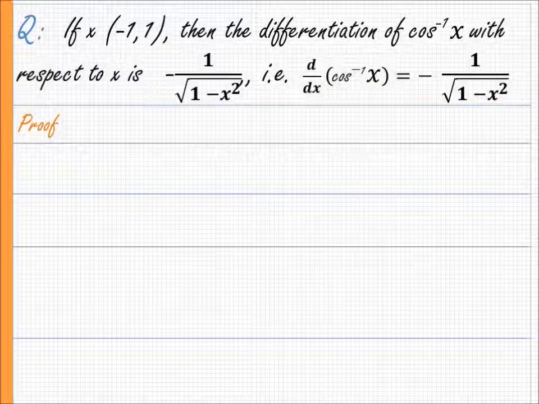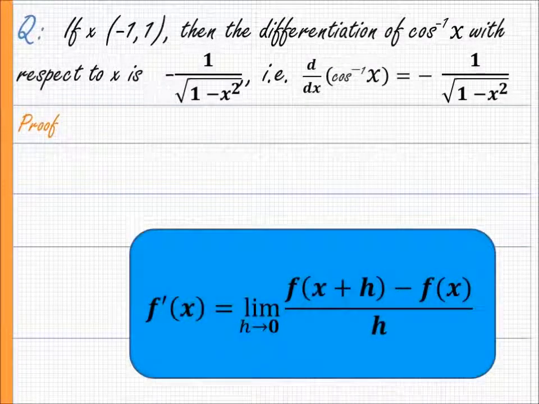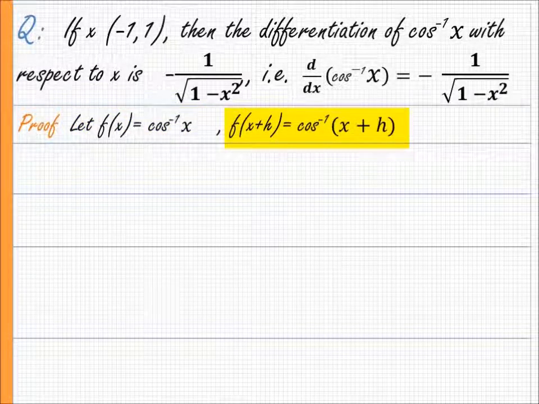Again, we know it very well that the differential coefficient of a function f of x is given by limit h approaches 0, f of x plus h minus f of x divided by h. And now in this case, f of x is equal to cos inverse x, and f of x plus h will be equal to cos inverse of x plus h.